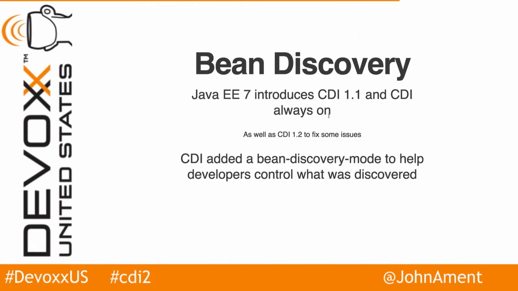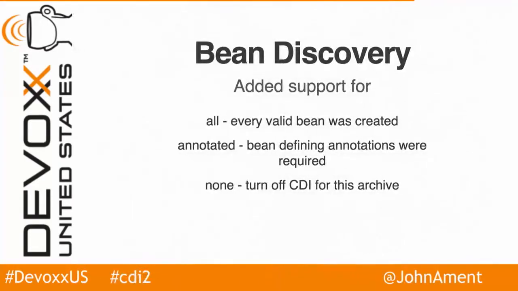Within CDI 1.1 and 1.2, we introduced 3 new bean discovery modes, which were only activated if your CDI version was set to 1.1 or 1.2. They allowed you to control whether every class was being discovered as a managed bean, only annotated classes with properly scope-defining class annotations were being discovered, or none, saying, I don't want any CDI support in this archive.